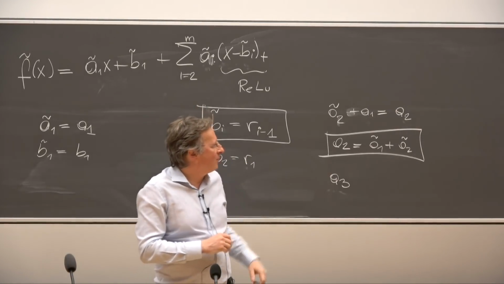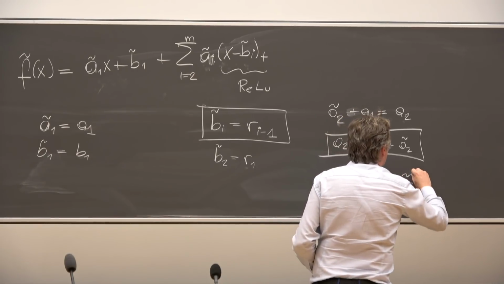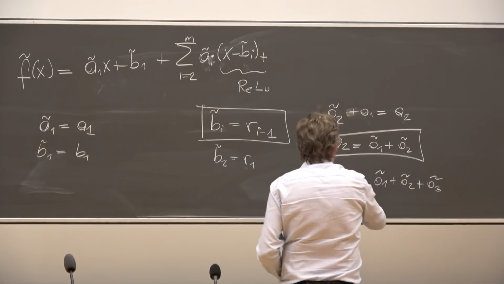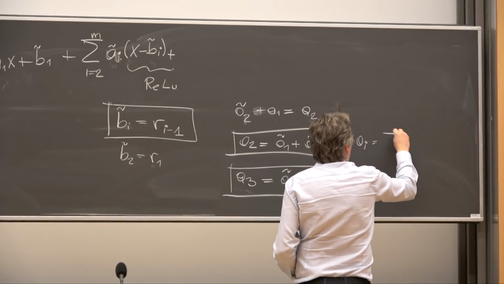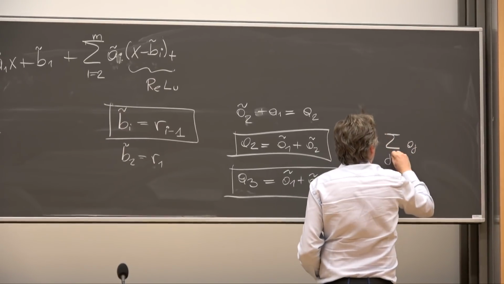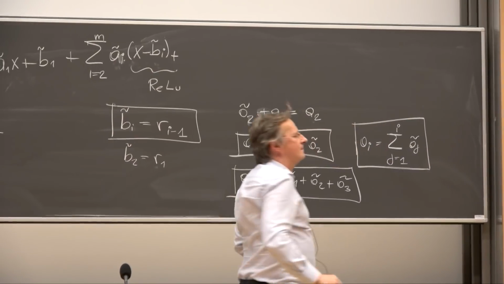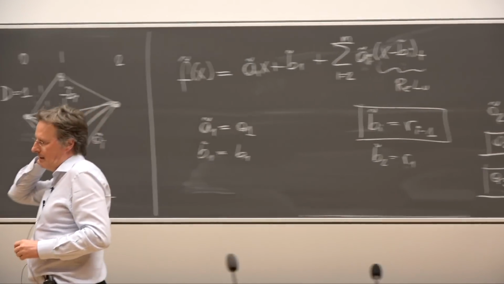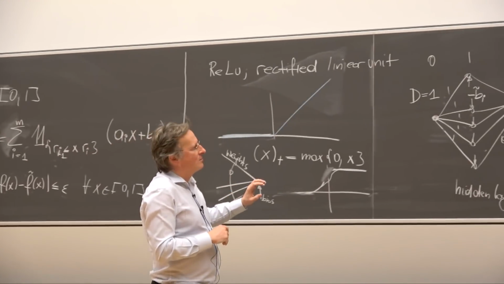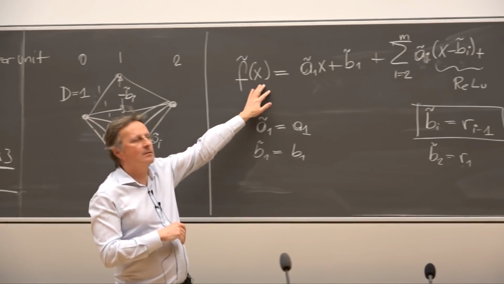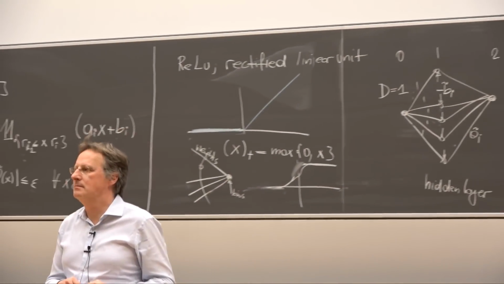And if you work this out, you will see that the general relationship should be this: generically, you have to set the parameter AI to be equal to the sum of AJ tilde, J from 1 to I. If you do that, you will see that this representation, if you set the parameter here, will go into this representation here, and this is just a different way of writing the same thing. More or less clear? Okay.